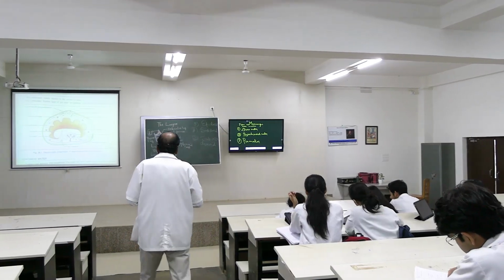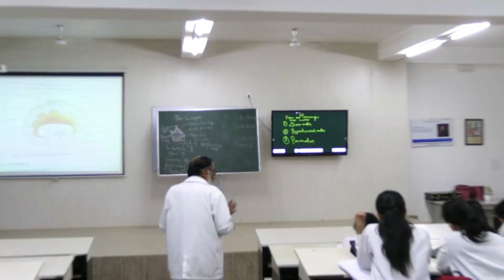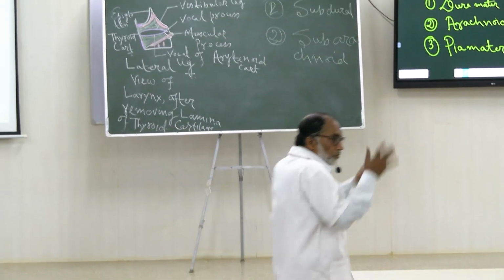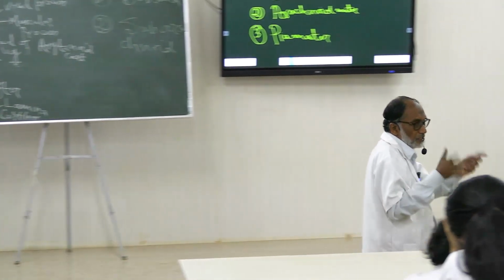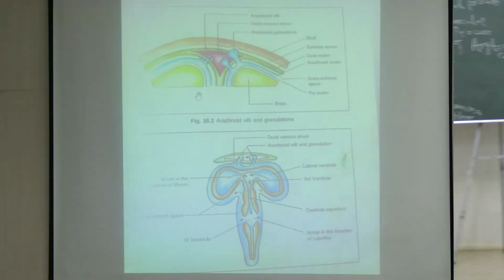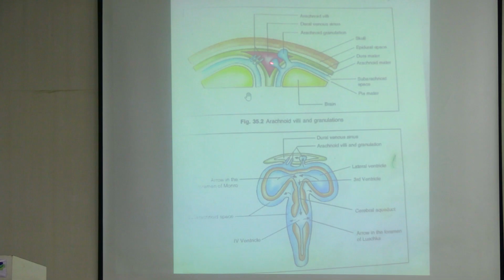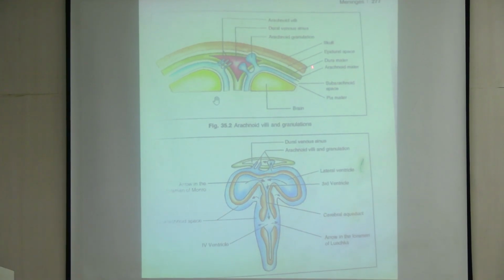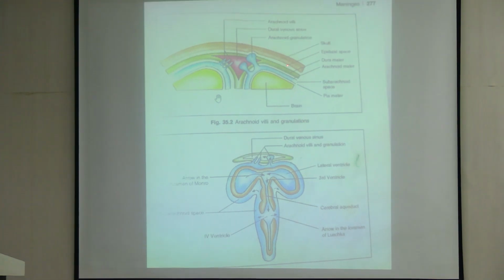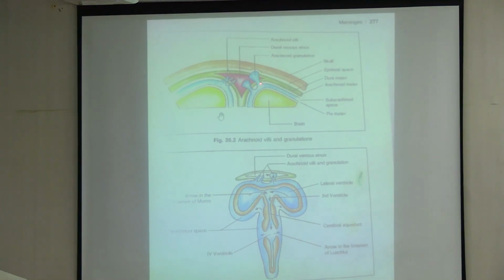Now, what is the utility of this fold? What does it do? Here you see this space. This layer is the dura mater. Here you see the dura mater has been split.